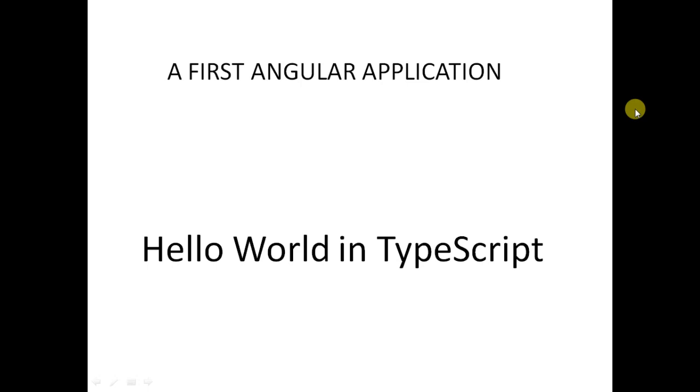Let's create an index.html file which will start by loading the required Angular scripts, the TypeScript compiler, and the System.js module loader. When the application is launched, the Hello World tag will be replaced with the content of the template from the @Component annotation.